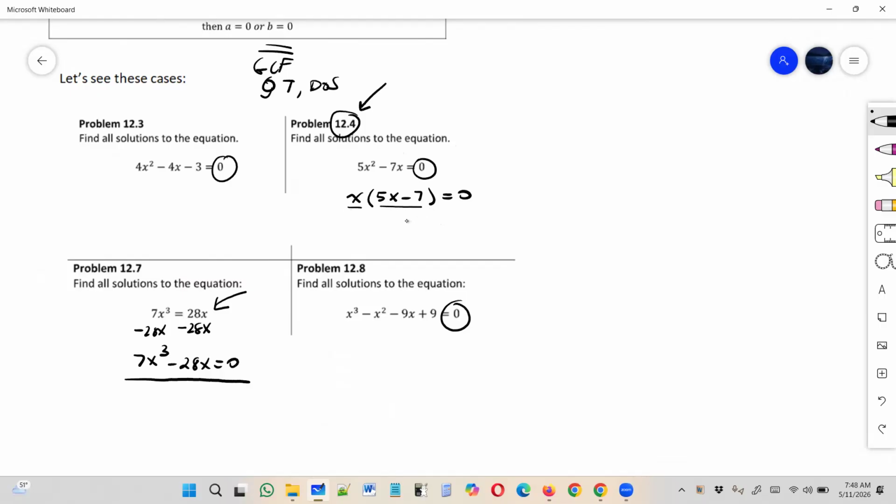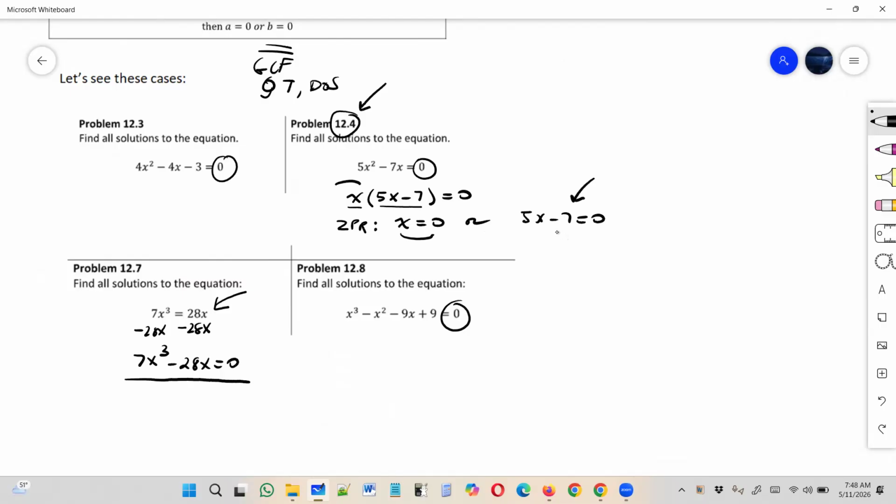So at this time, I apply the zero product rule, which says either x is 0, this factor, or 5x minus 7 is 0. Well, x is 0 is obvious. It's already solved.